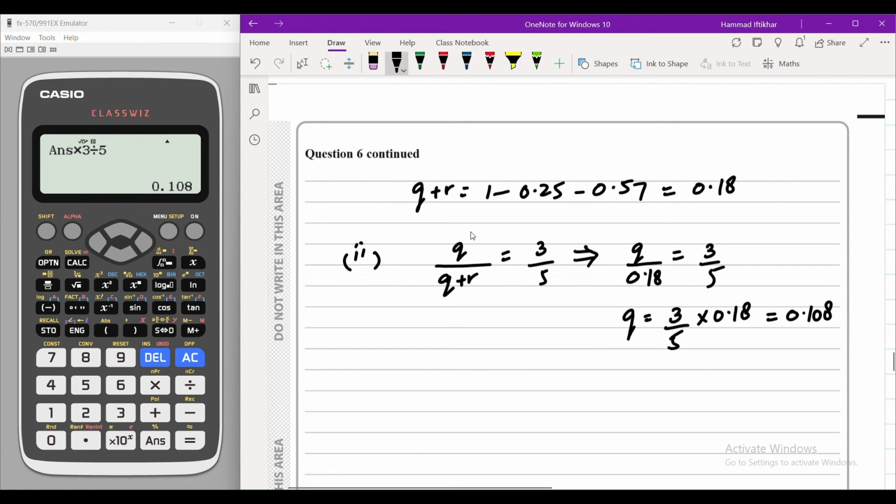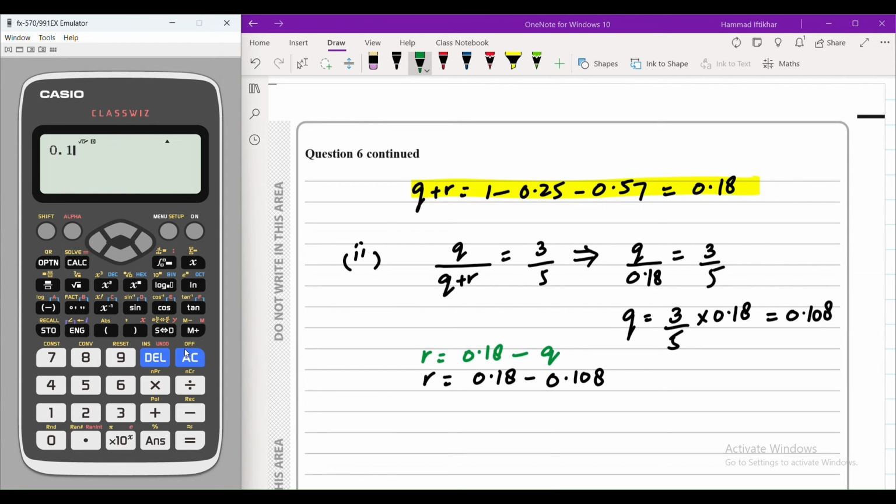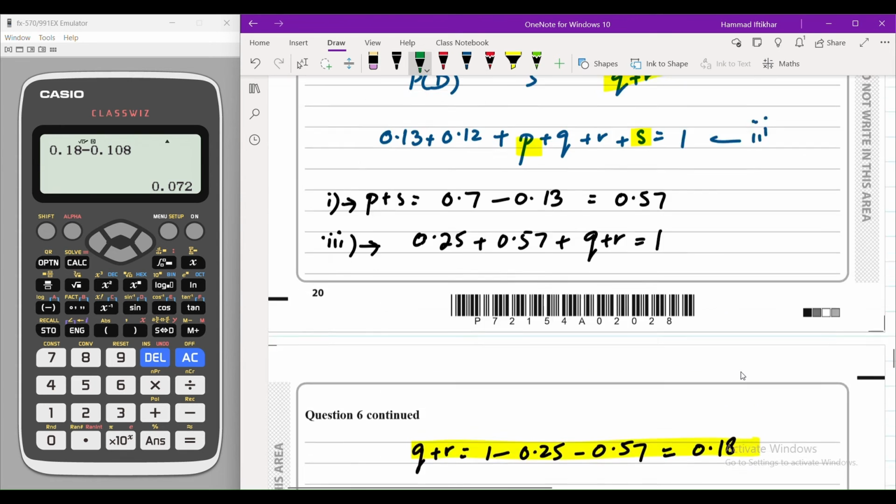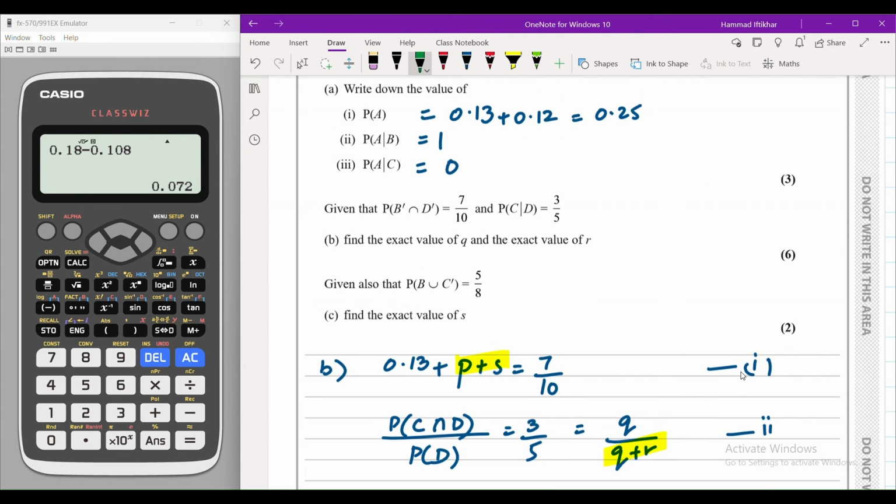Now that we have Q, we can find R from this equation. R is going to be 0.18 minus Q, so 0.18 minus 0.108, that is 0.072. Right. Okay, so that's the part B.